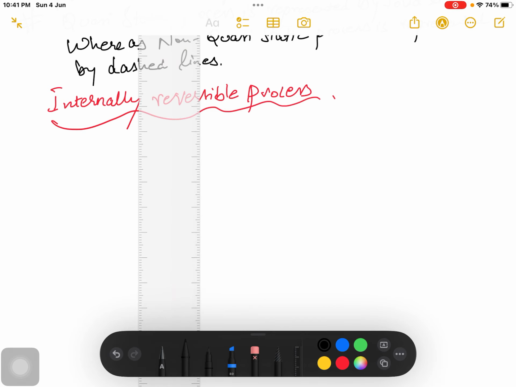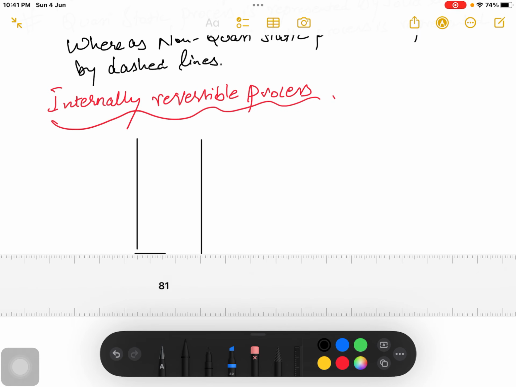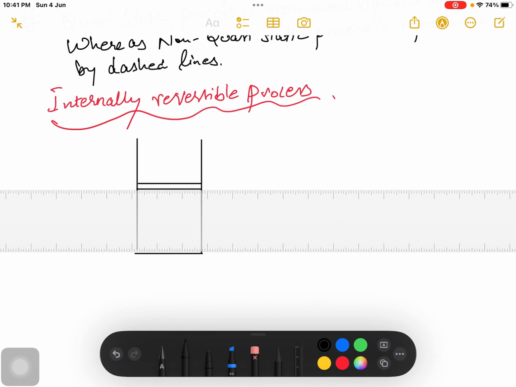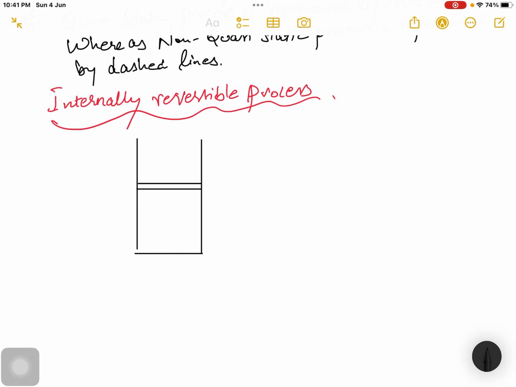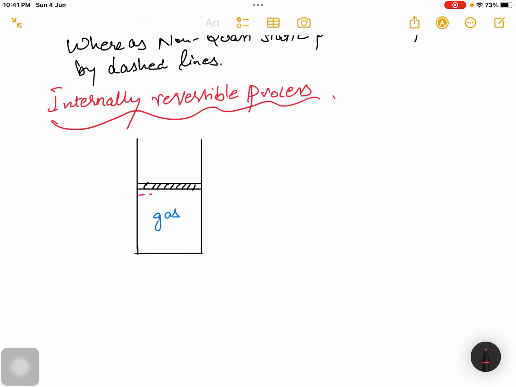Internally reversible process means, suppose I am taking a piston cylinder arrangement and I am considering a gas as a system, and this is the boundary of the gas.